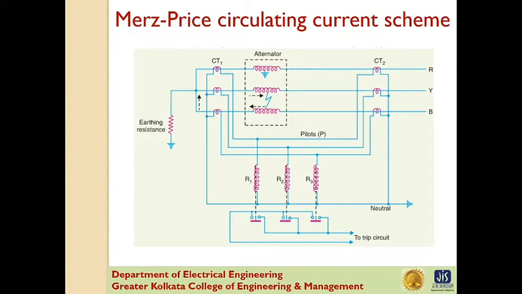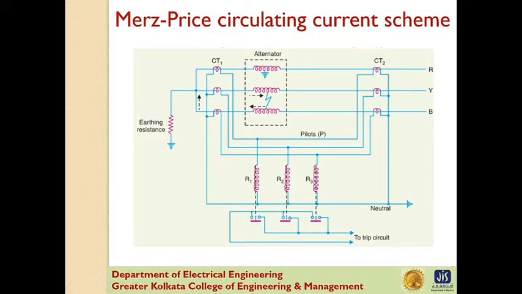Consequently, the relay operates to trip the circuit breaker. Now, if this coil is excited, this makes the plunger pull in the upward direction, and this closes the contacts of the trip circuit of the circuit breaker, and hence the circuit breaker breaks the circuit.